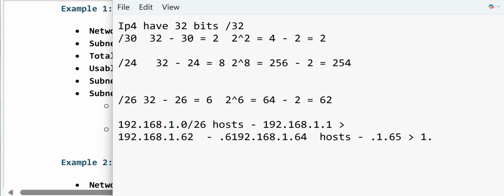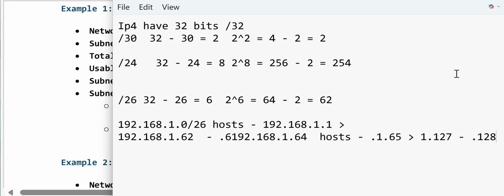So you'll have your host 1.65 to 1.127. Now, and then your broadcast will be .128, right?